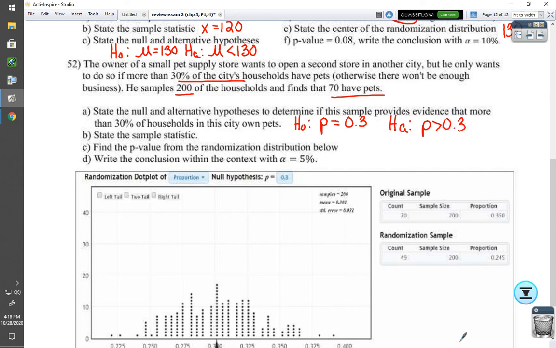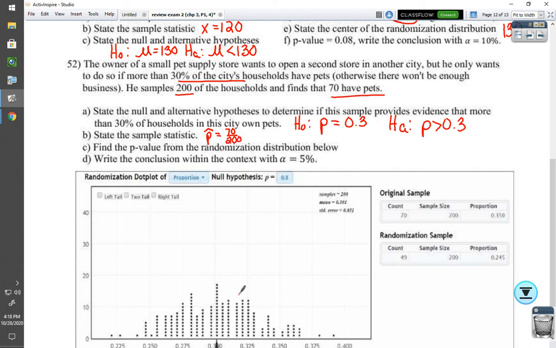What is the sample statistic? He finds that 70 of them actually have pets. So the 70 is going to get divided by the 200. So the sample statistic, p hat, is going to come from 70 divided by 200.